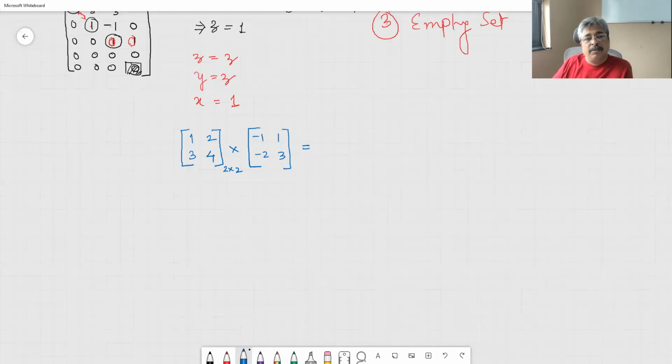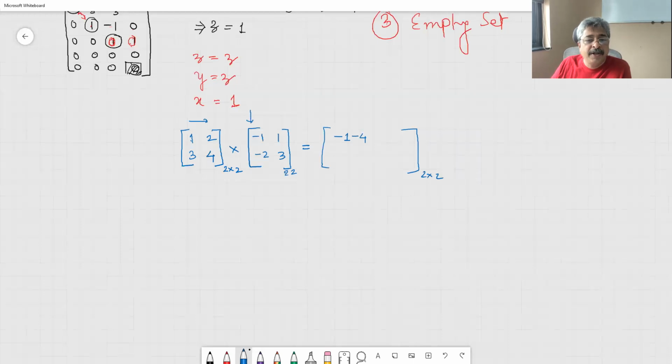Okay. So many of you are aware how to do it, but let me show you. Row into column. Okay. So 1 into minus 1 is minus 1. 2 into minus 2 is minus 4. That is my first entry of the 2 by 2 matrix.